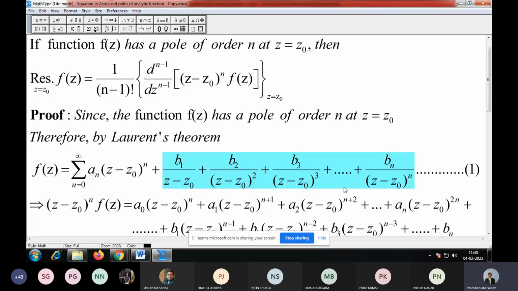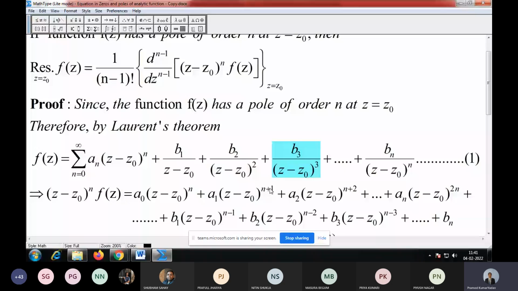So what we can do is multiply the whole expression by (z minus z0). Then b1 will be here, but b2 will have (z minus z0) in the denominator, since z minus z0 is squared. So in the denominator we are getting z minus z0, and that will make the limit infinite. So to find the limit, we can multiply the whole thing by (z minus z0) to the power n, so that the term of z minus z0 from the denominator will be removed.